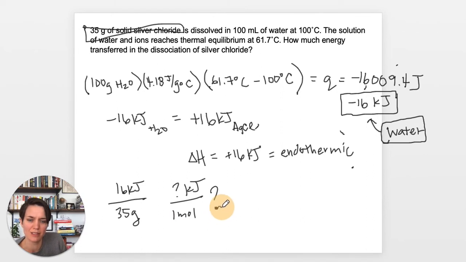Very cool. So let's go ahead and do that math. So we have 16 kilojoules, which is the amount of energy gained by the system when we are dissociating 35 grams of silver chloride.